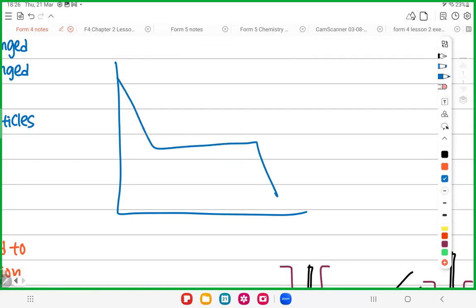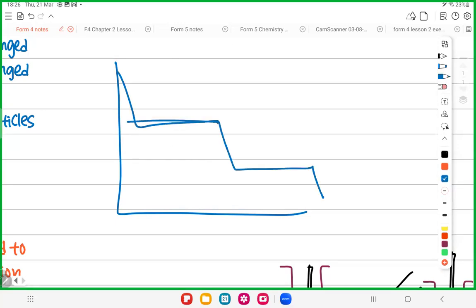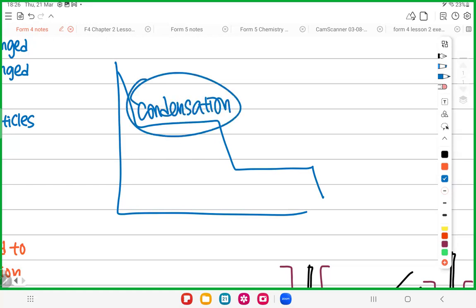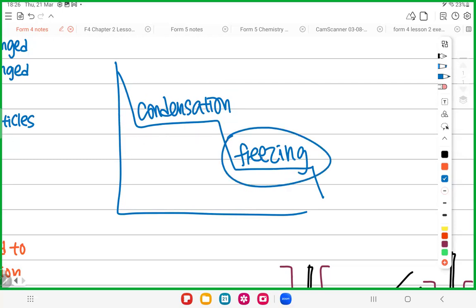When you have 2 staircases, the first process is condensation, because when you cool down a gas, it will condense first. When the gas condenses, it becomes liquid. Then you continue to cool down the liquid, and the liquid will freeze to become solid. So the first staircase is condensation, the second staircase is freezing.